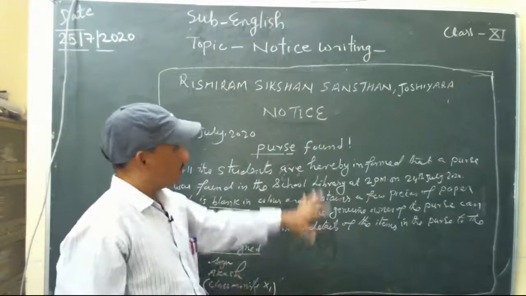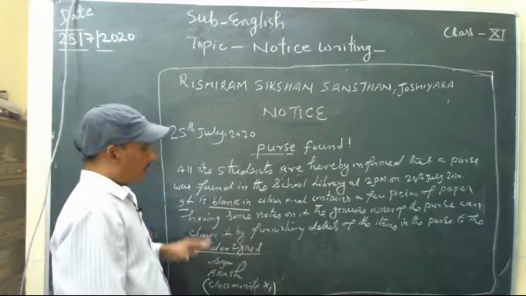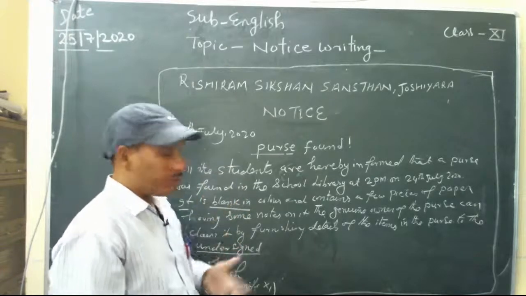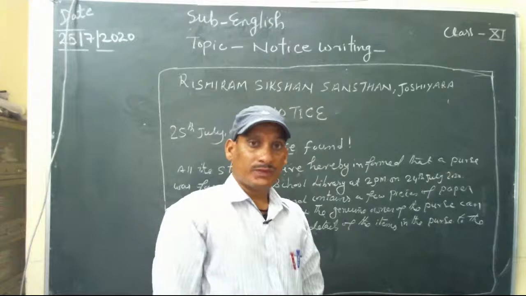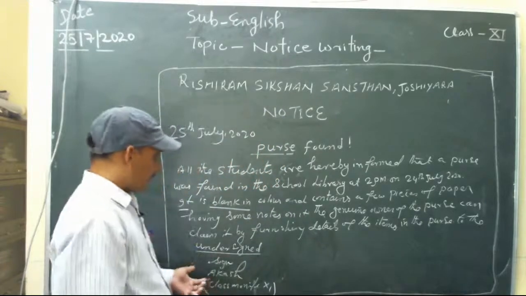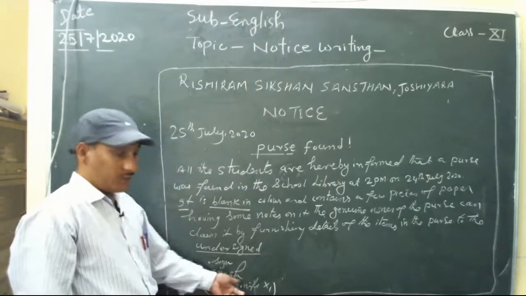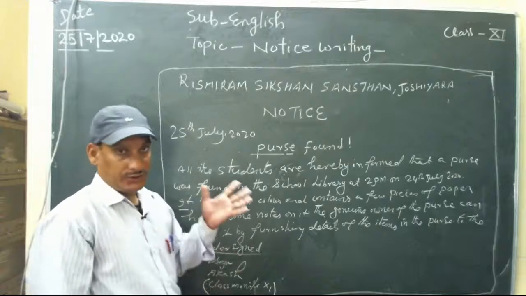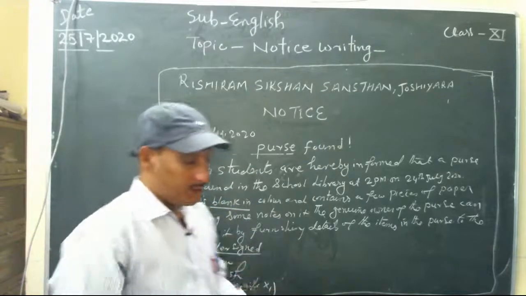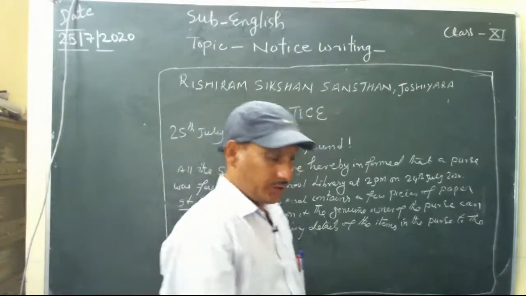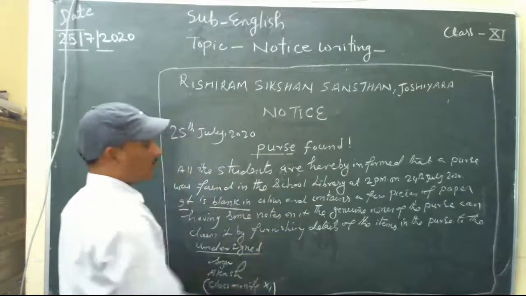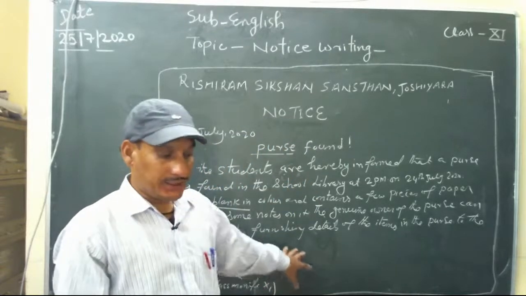And then you can write the content. You can give as much information as you want to share, and then at the last you have to sign, and write your name and designation. And finally enclose all this information inside a box.